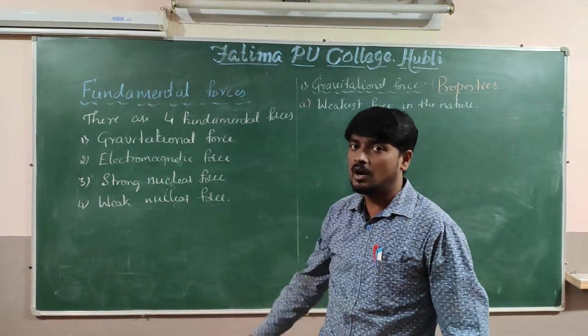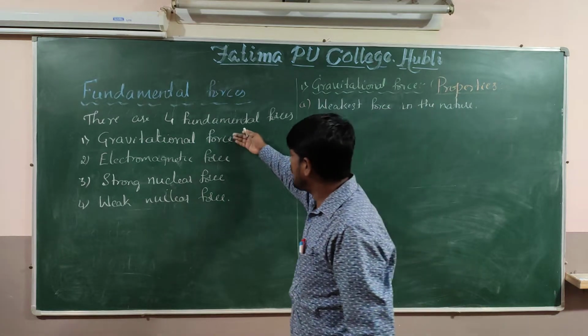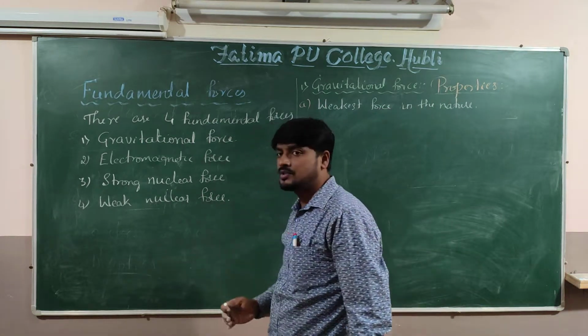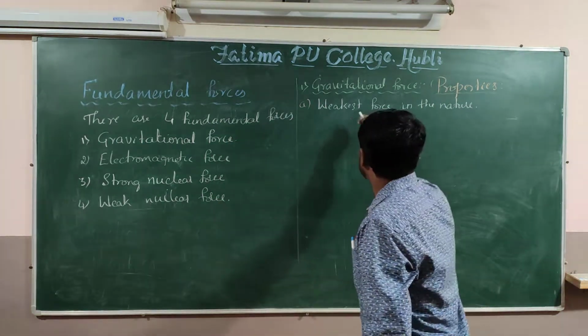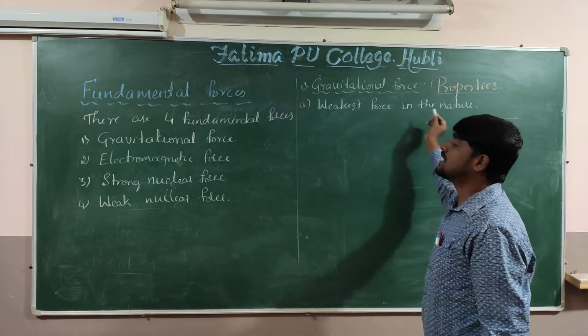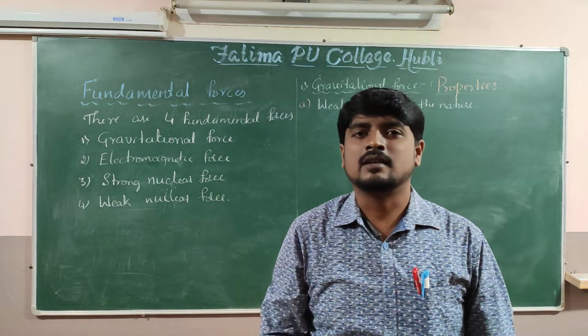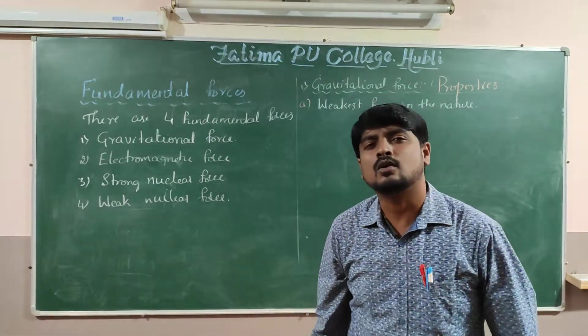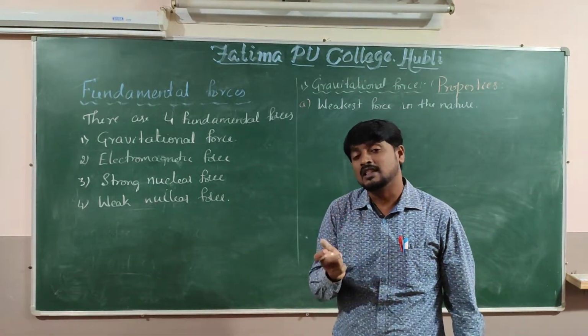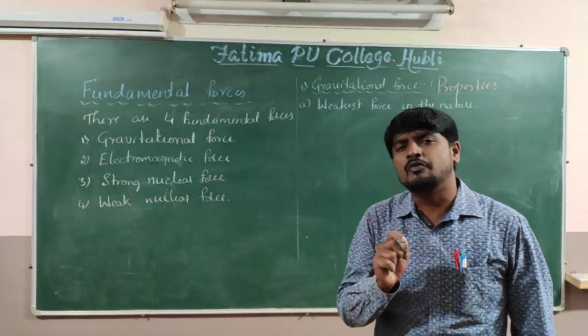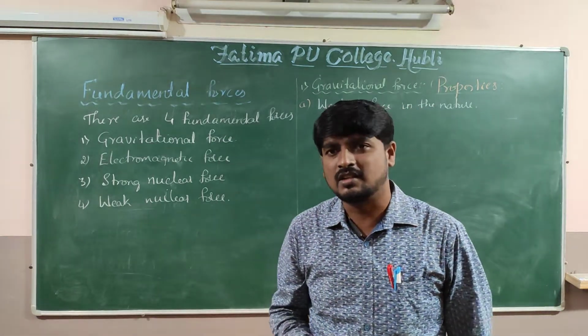Now, how many fundamental forces do we have? We have 4 fundamental forces. Out of 4, the gravitational force is the weakest force. In the examination, they'll ask for 1 mark, Part A, Roman number 1. In that first question, they may ask: name the weakest force in nature.